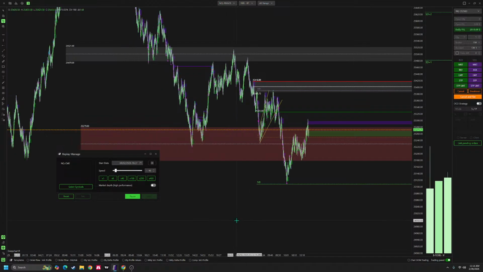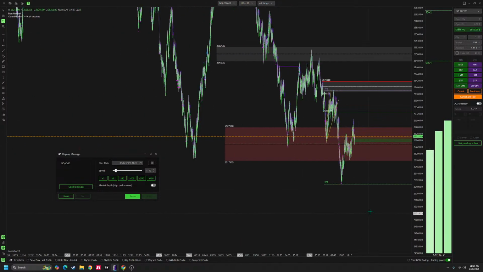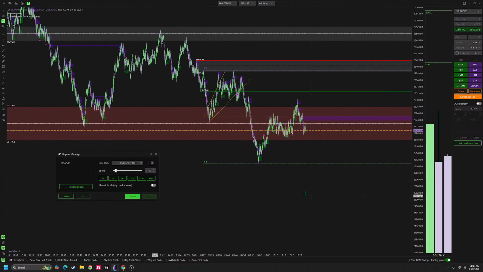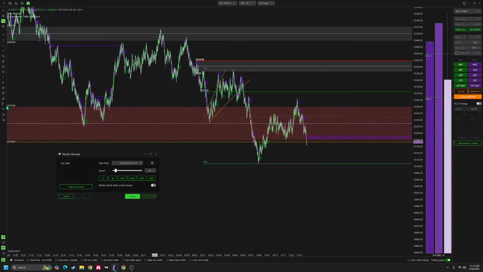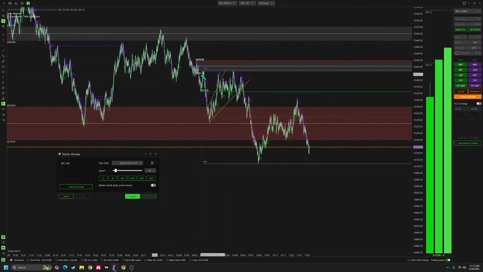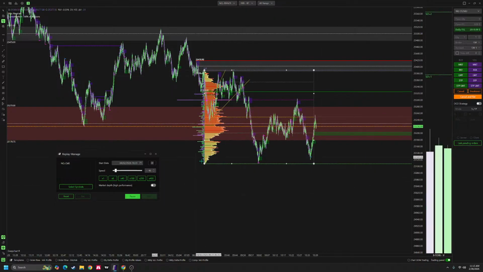But that's a move, right? We sweep the lows, move back up. This is where I might draw, from the initial balance, a custom volume profile.